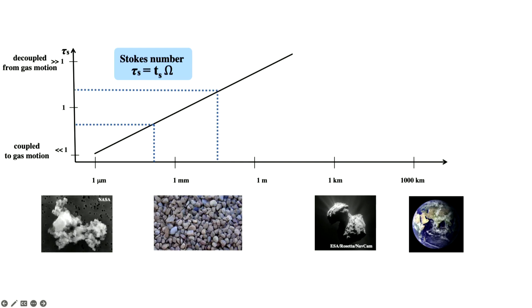You see here for very, very large Stokes numbers, the motion is decoupled, and for very, very small Stokes numbers, the motion is coupled. So these small grains couple to the gas motion very efficiently, and that's why in scattered light observation, we actually see the gas structure, the 3D structure of the disk.